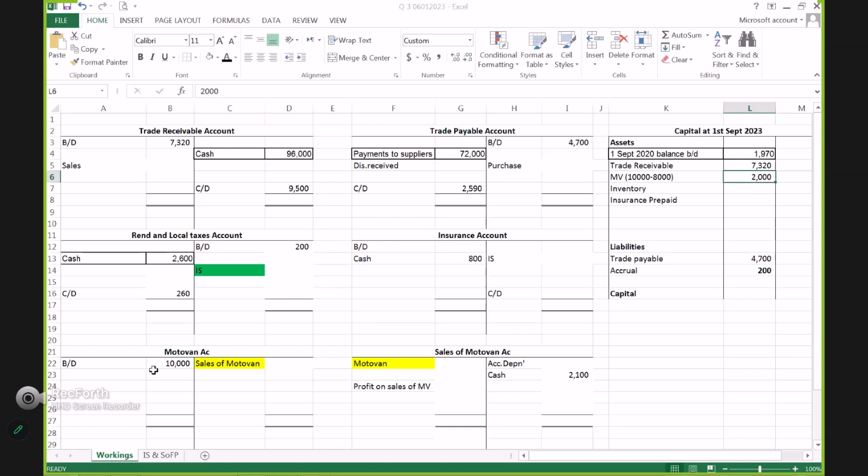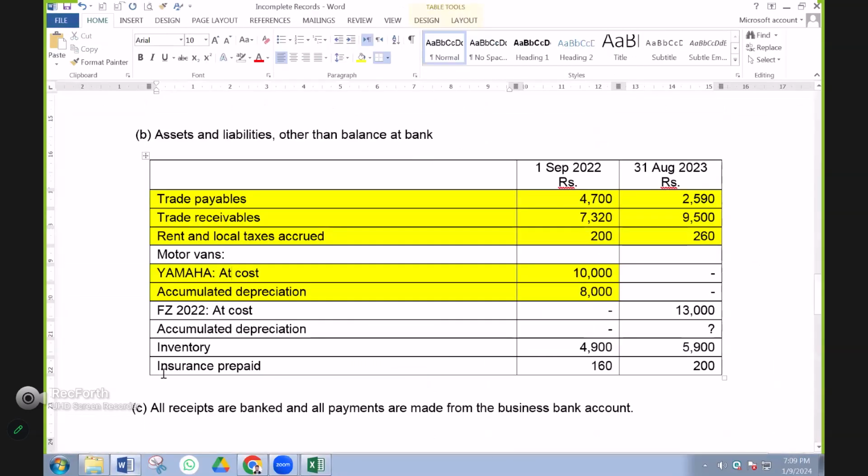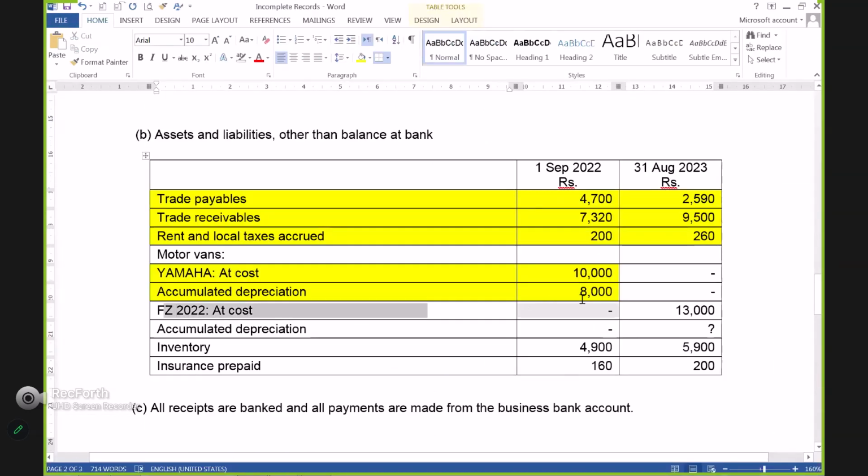So the motor van opening balance 10,000 is also transferred to the calculation of the capital. The accumulated depreciation 8,000 is also given. So from the cost of the motor vehicle 10,000, you have to deduct 8,000 of the accumulated depreciation from the balance. So the net value of the motor vehicle is 2,000. Next, FZ.